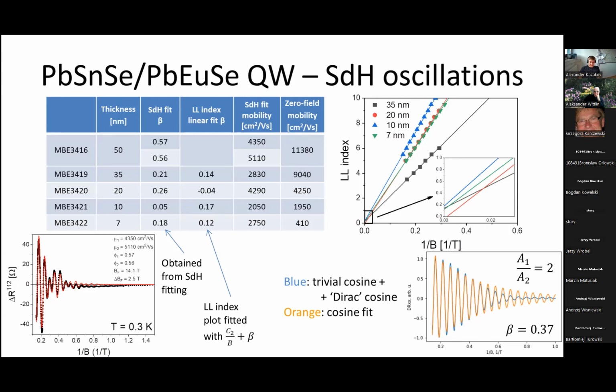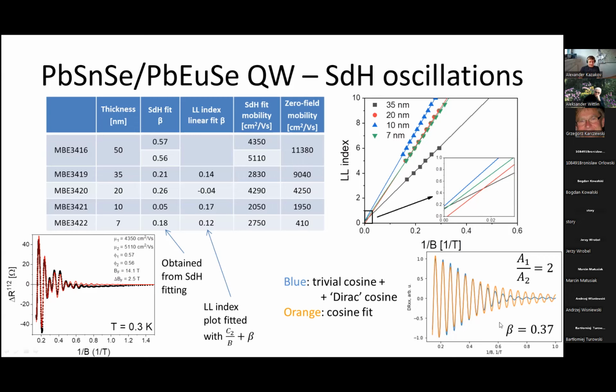So one idea is that if there are indeed two close frequencies present, one trivial with a zero Berry phase and another Dirac with a pi Berry phase, then in the experiment it should look like one single cosine. This blue curve is the sum of two cosines shifted by pi with two different frequencies, and the orange is a single cosine fit.